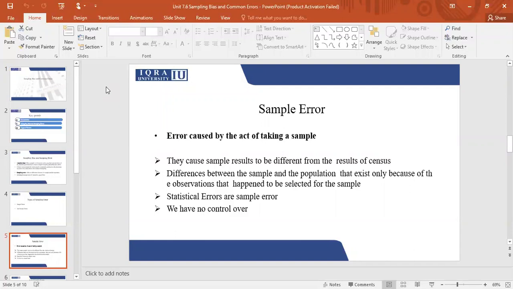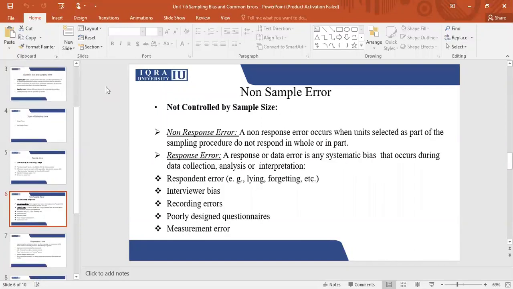If you increase the sample size, if you include them also in your research, then this error can be removed. The second type of error that we talked about is the non-sample error. This is not controlled by the sample size. This is further divided into two parts: non-response error and response error. Non-response error would be that you have selected a sample, but they're not interested in your research. They are not volunteering.